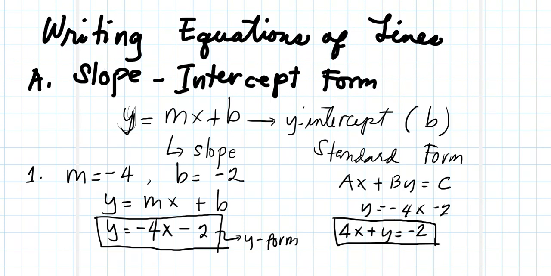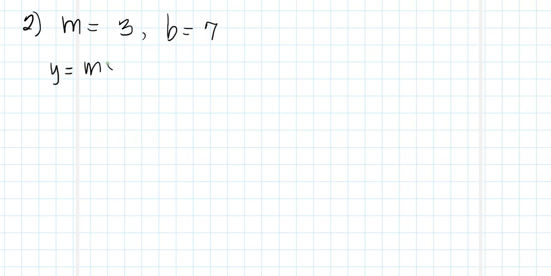Okay, so next, another example. Given m is equal to 3 and b is equal to -7. Again, the first step is to write the y form, and we just substitute: y equals 3x minus 7. So this is your equation.